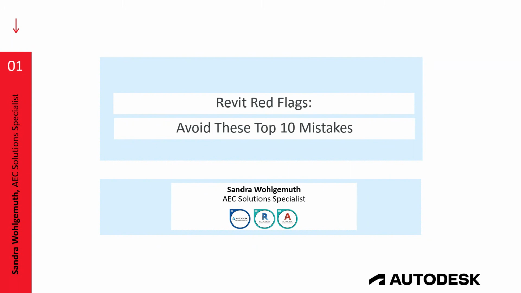I have been dealing with the Revit industry ever since. I do a lot of training and help in template creation, and I'm trying to bring all that experience today to this webinar.